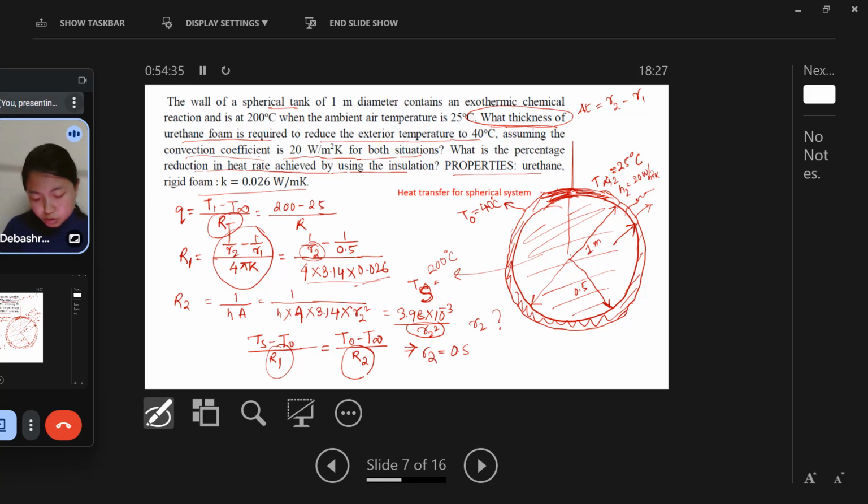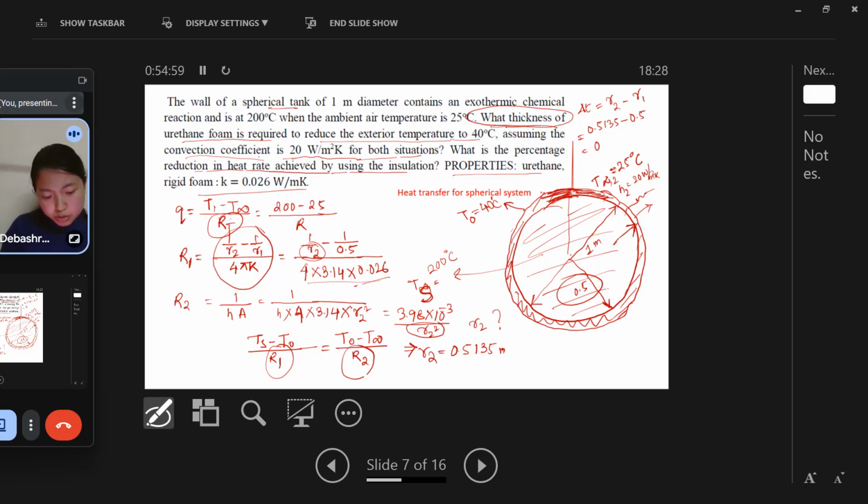It will come out to be around 0.5135 meter. And R1 you know already, R1 is 0.5 meter. So thickness will be 0.5135 minus 0.5.